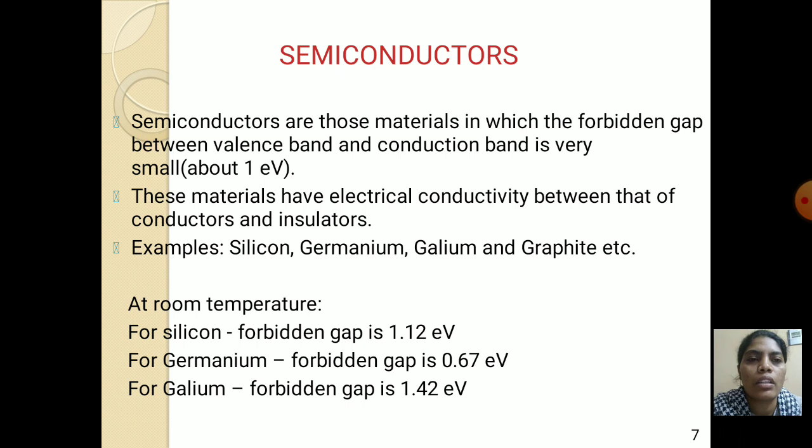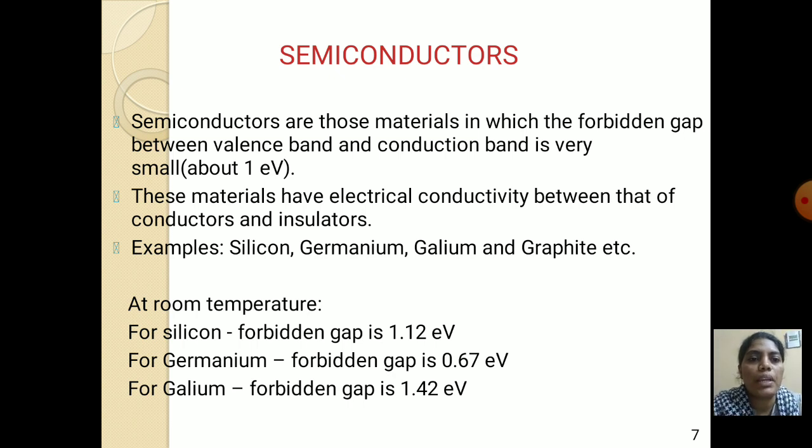So that's what I said, I used the word their conductivity is partial, that is between conductors and insulators. Here are some examples of semiconductors. They are like silicon, germanium, gallium and graphite.